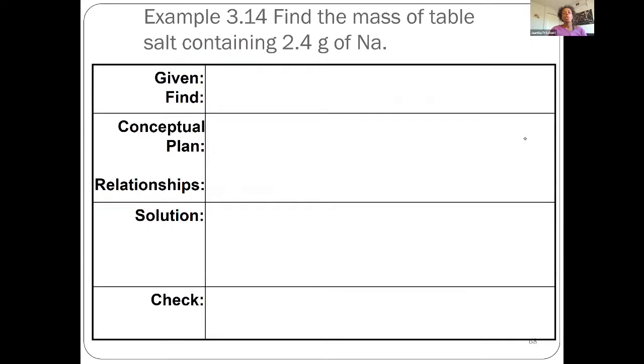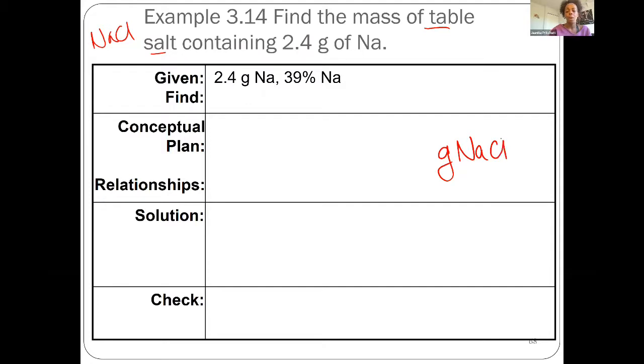And so if we look here, it says find the mass of table salt containing 2.4 grams. And there should be a little bit of information given to us, which is the fact that the mass percent of sodium is 39%. And so table salt, we know that is a formula of NaCl. And so we want to figure out what mass of NaCl is present that would contain 2.4 grams of Na.